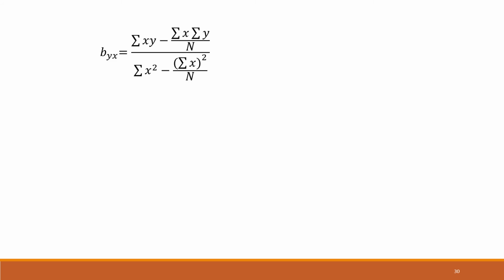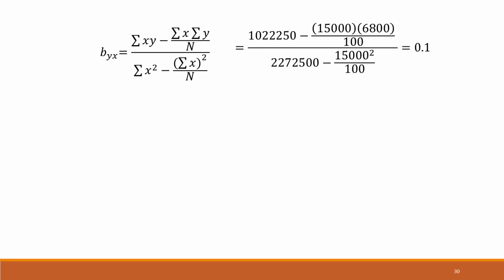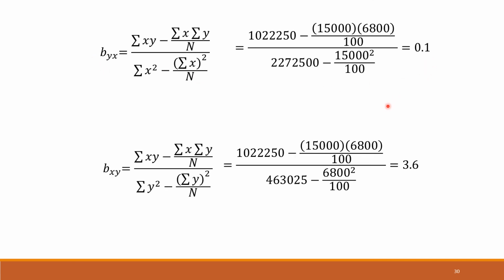So I have calculated byx, substituting all the summations given in the problem. Everything is given in the problem. Substituting everything in the summation, byx is equal to 0.1. bxy comes out to be 3.6.